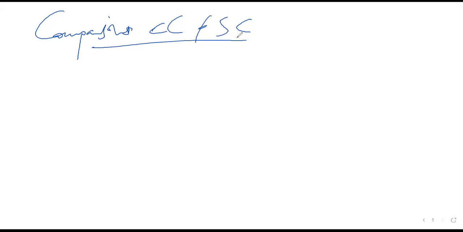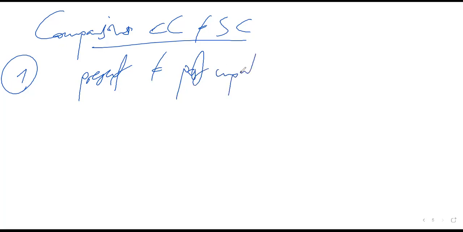In sequential circuits, the output depends on the present and the past inputs. One comparison depends on this, the present and the past inputs. Combinational circuits, present inputs. Sequential circuits, present and past.